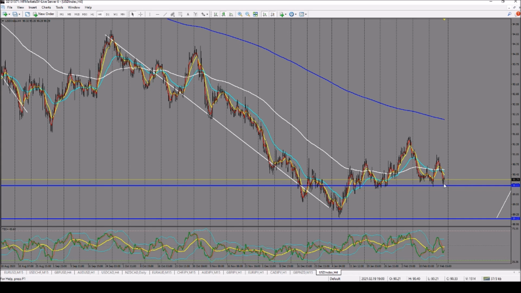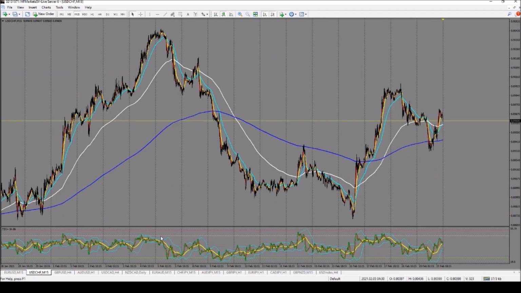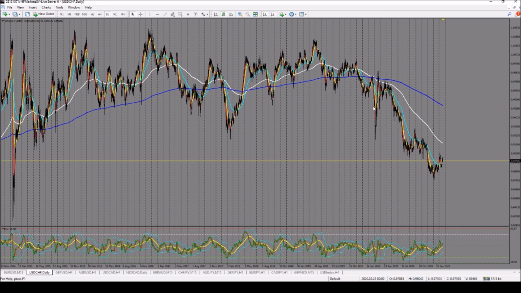However, this is not a signal, but we have to be reactive to the setups that will be issued when the markets open.